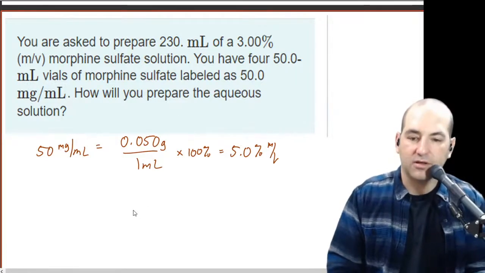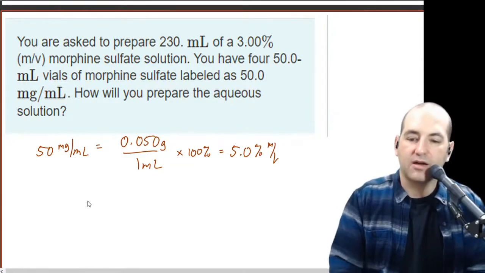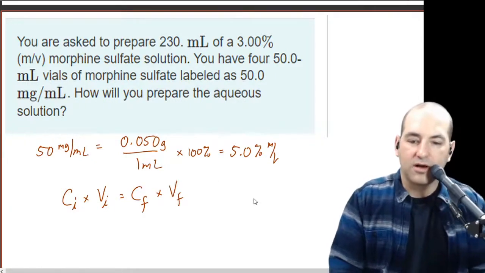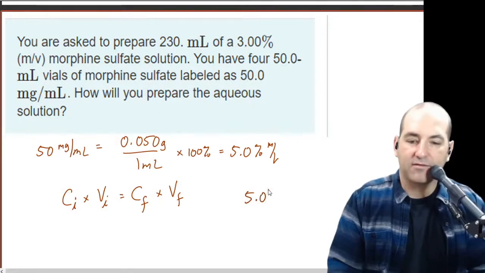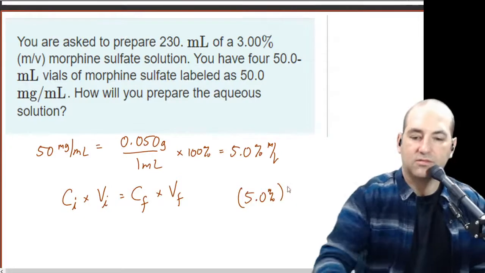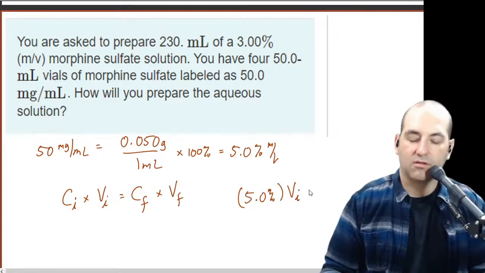You want 230 milliliters. So what we're going to say here is, remember the initial concentration times the initial volume equals the final concentration times the final volume. So our initial concentration is 5%, and our initial volume is, we don't know. That's what we want to know. How much of that initial solution do we need?